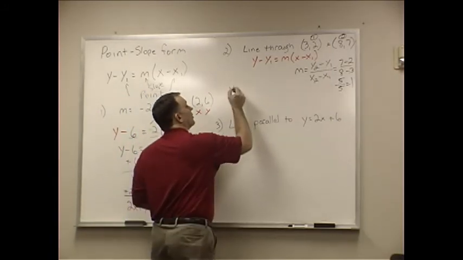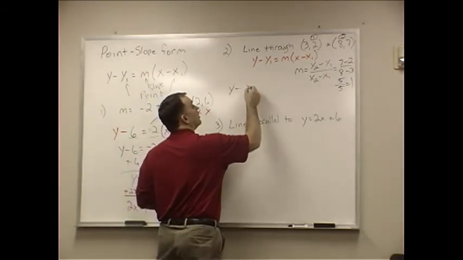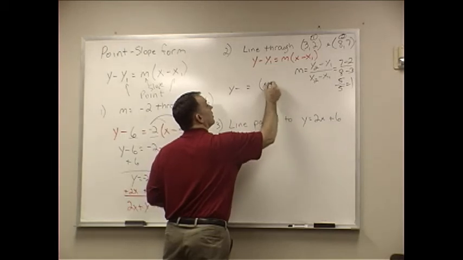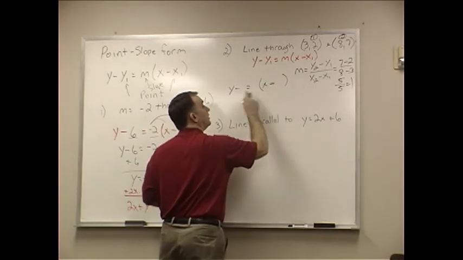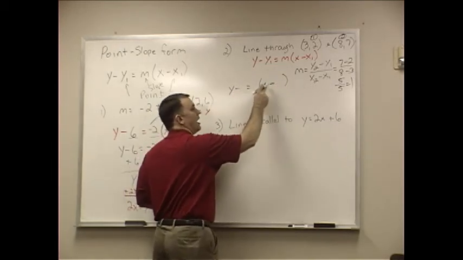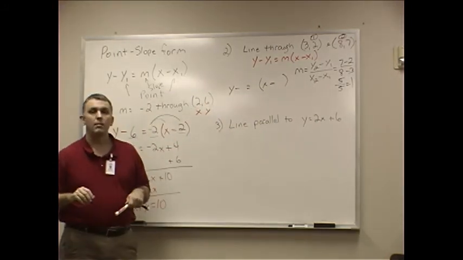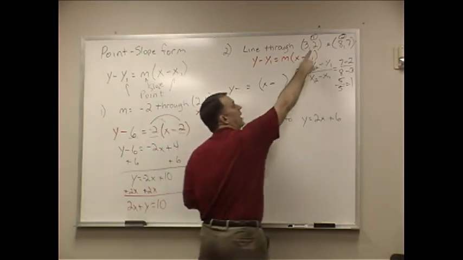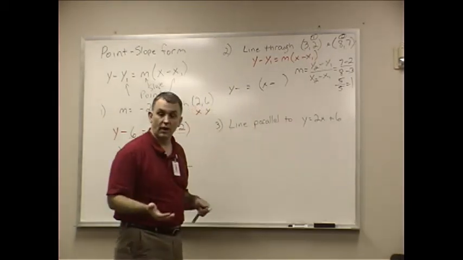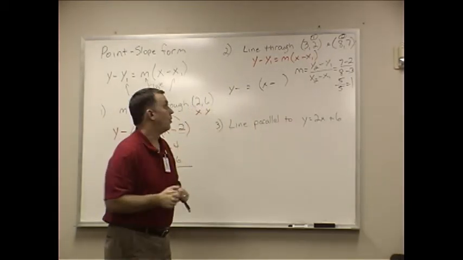So now I substitute in, and notice I'm leaving spots for y1, m, and x1. Y minus y1: I just used the point I've already assigned as point 1. It'll work with both points.